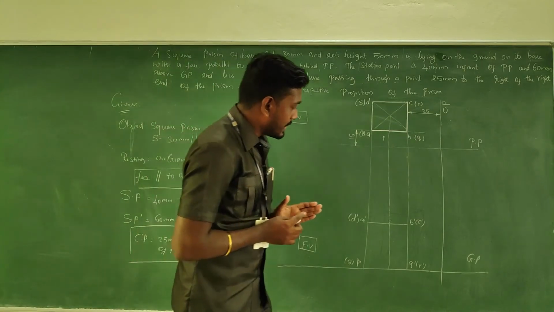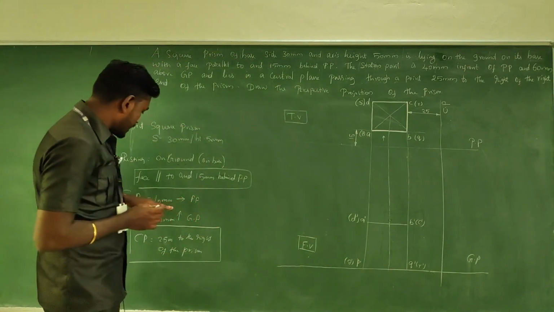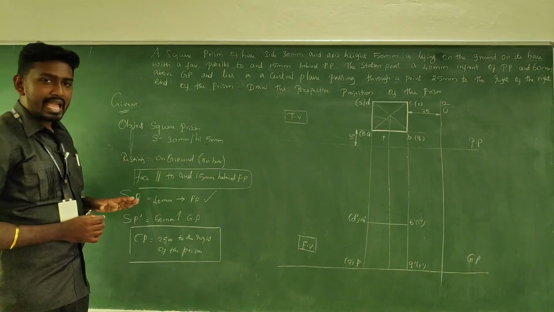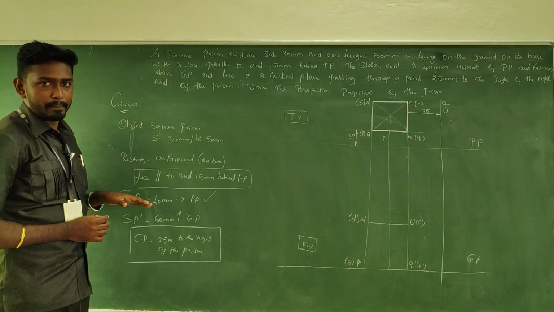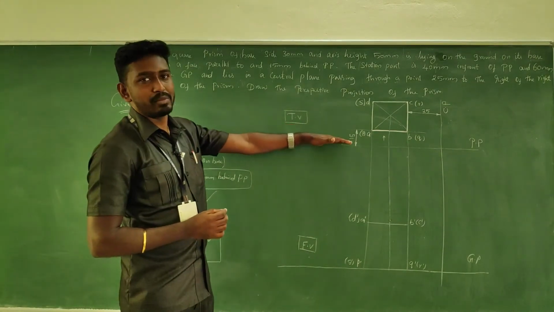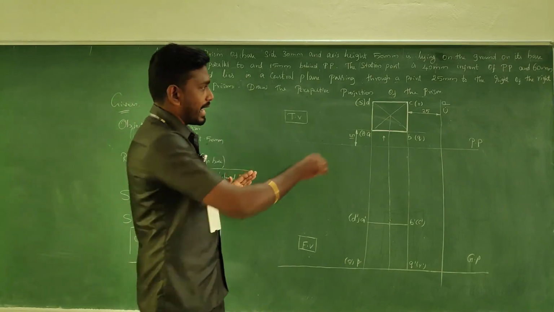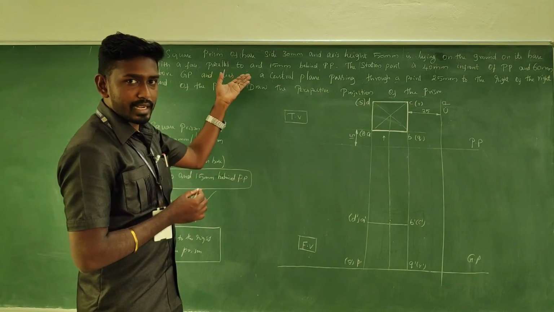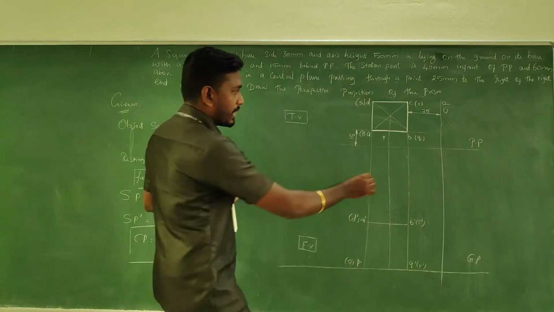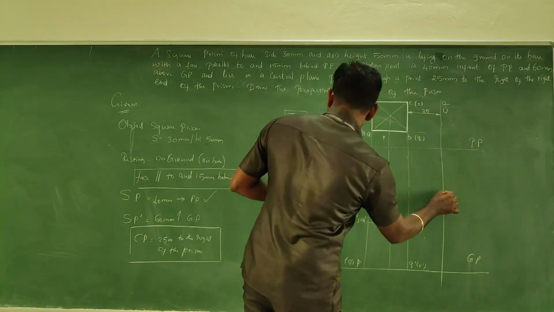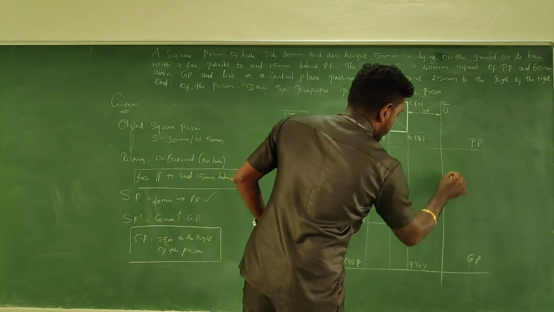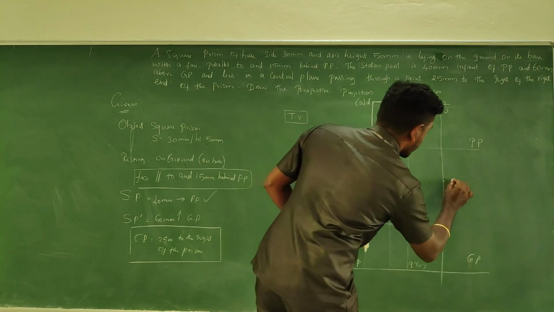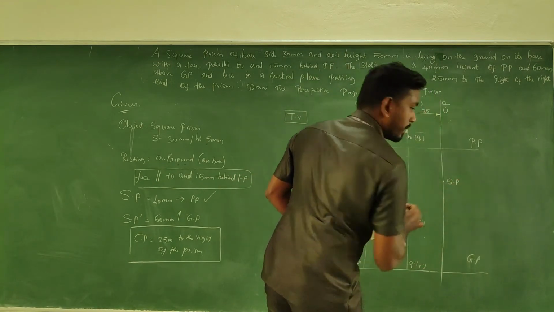Then come to the station point. First, the station point SP is 40 mm in front of PP. In front means it is captured below PP, that we know. In this center plane we need to capture it, as clearly given in the question.